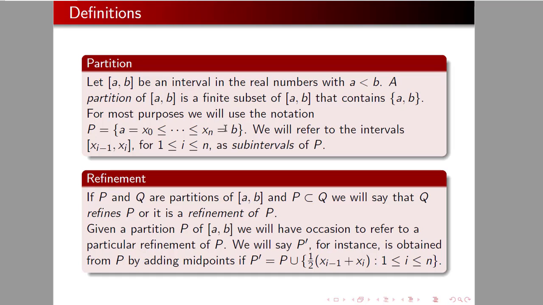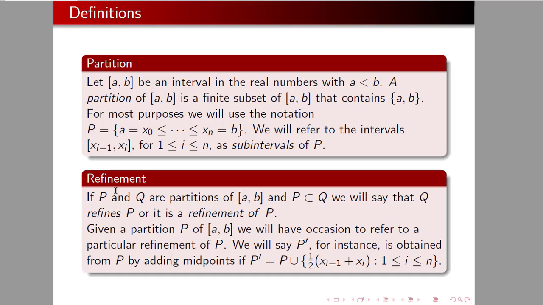We will refer to the intervals composed of adjacent points as subintervals of P. These partitions are different than the partitions you learn when you're talking about cosets in algebra, though they do a similar thing. The partition is like a set of walls that cuts up your closed interval into pieces.